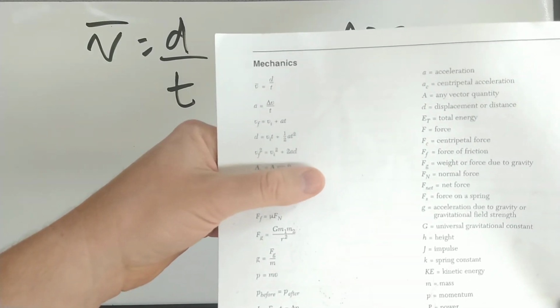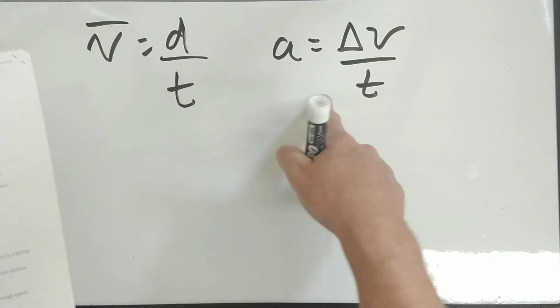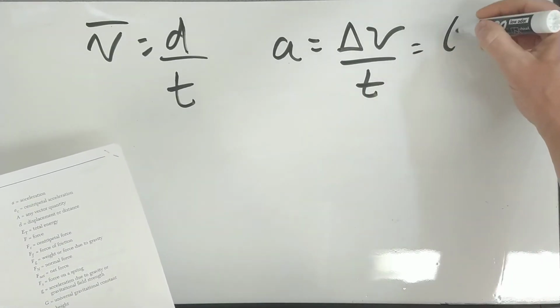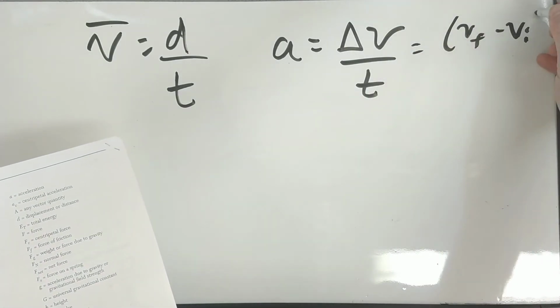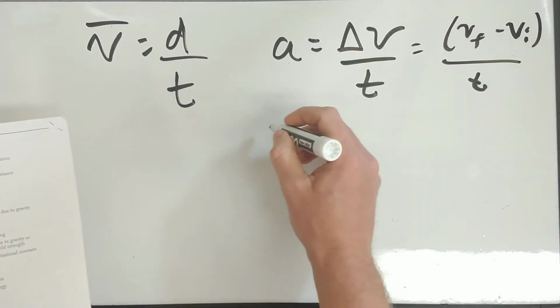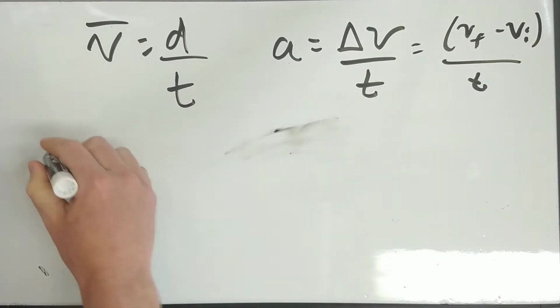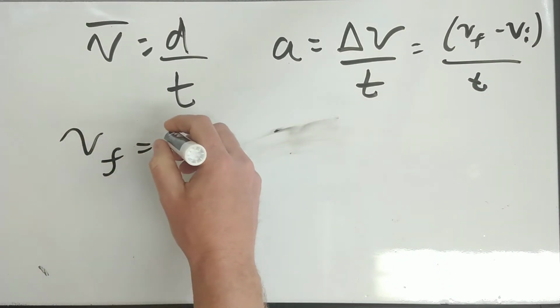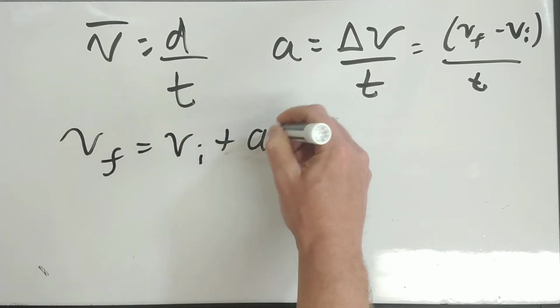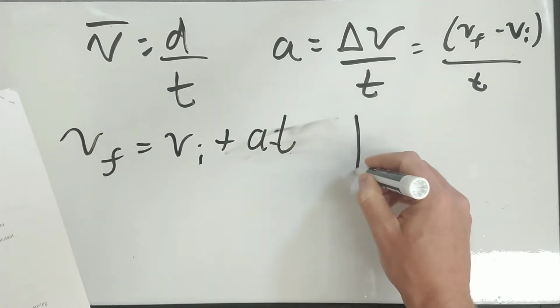D over t, delta v over t. The next one, v final. Well, if you put in v final minus v initial for delta v, and then you solve for v final, you get this equation, v final equals v initial plus at.